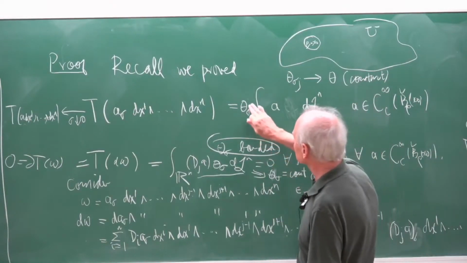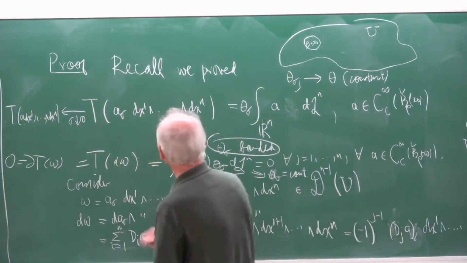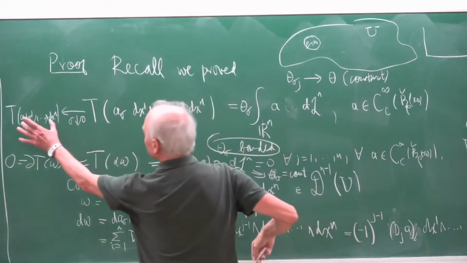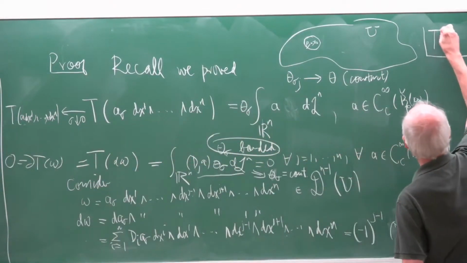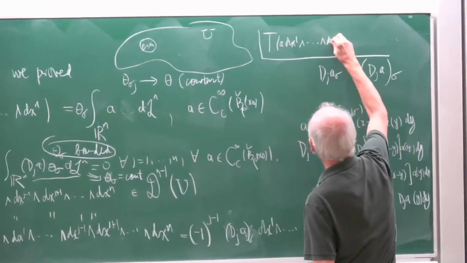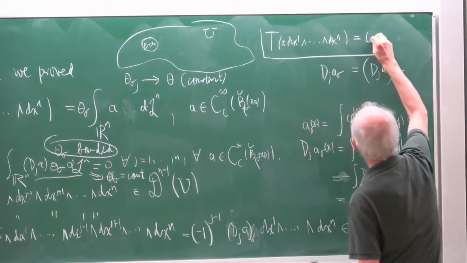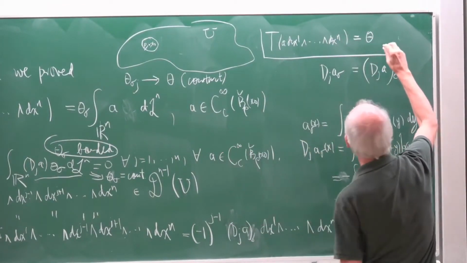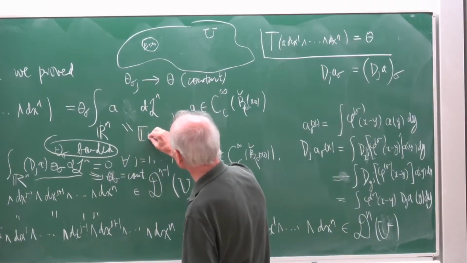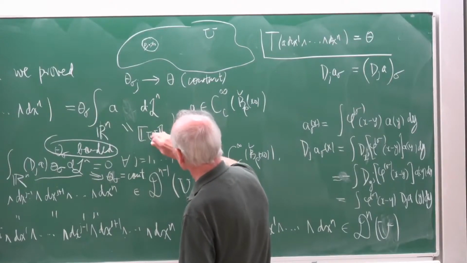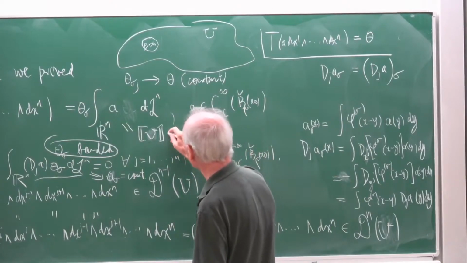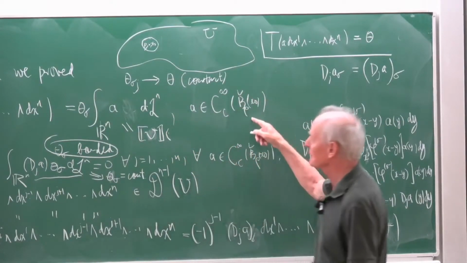So that's it. Therefore, let's finish it here. So this T of A dx1 up to dxn is equal to a constant theta times the integral over A. But by definition, this integral here is exactly the definition of U hitting A, because A has compact support in U. In fact, it's got compact support in this ball.